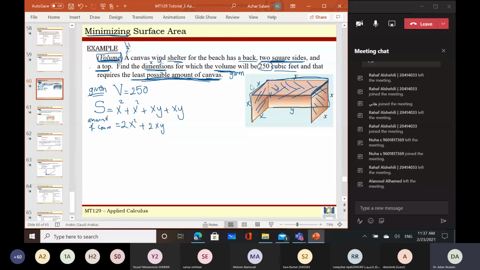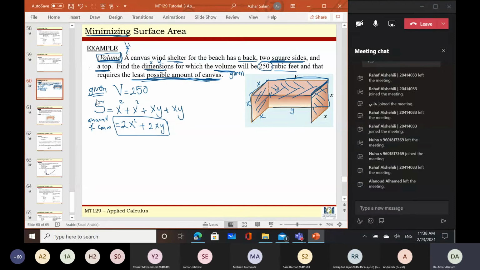The first side, x squared, plus the second side, x squared, the square sides, and the top and the back side are rectangular. It will be x multiplied by y plus x multiplied by y. It will be 2xy. This is my function. Okay, this is the function S of x and y.